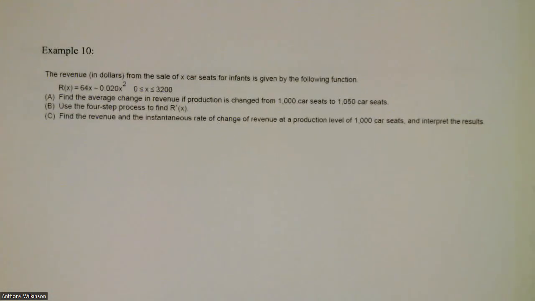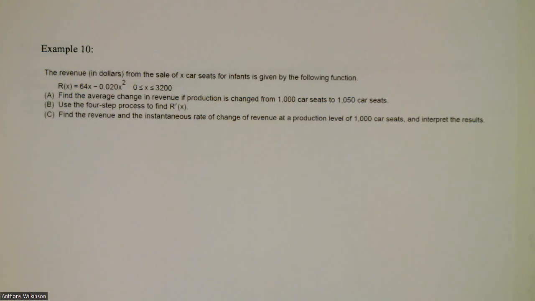I've got a couple more examples here, and then I'll be through with this video. The revenue in dollars from the sale of x car seats for infants is given by the following function: R of x equals 64x minus 0.020x squared, for x between 0 and 3,200.